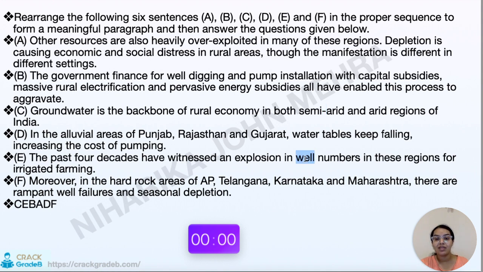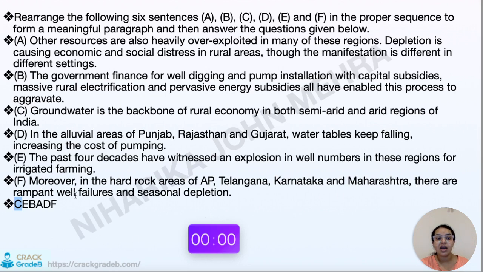Well is the well for water, कुआं. That's why we will require more and more water for irrigation, and for that more wells. So C and E, we have a pair. In the past 4 decades, these regions which are dry required more water sources, and that's why wells were dug. So C and E, C being the first, E becomes second.